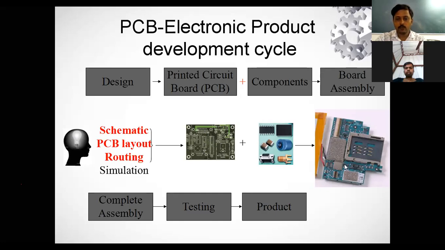So basically the flow is like this. We have to design all the things first, then go for printing and preparing this PCB and install the components on it, and finally we get the board assembly. Okay, so this is how this PCB is going to be developed.